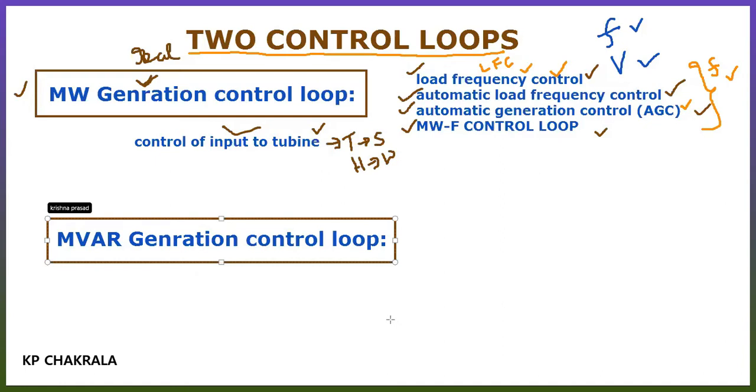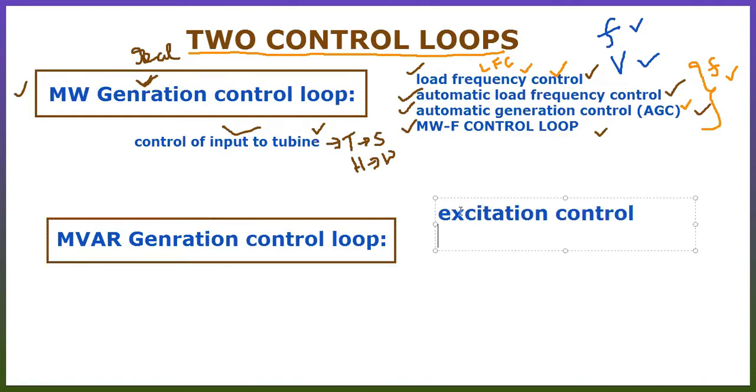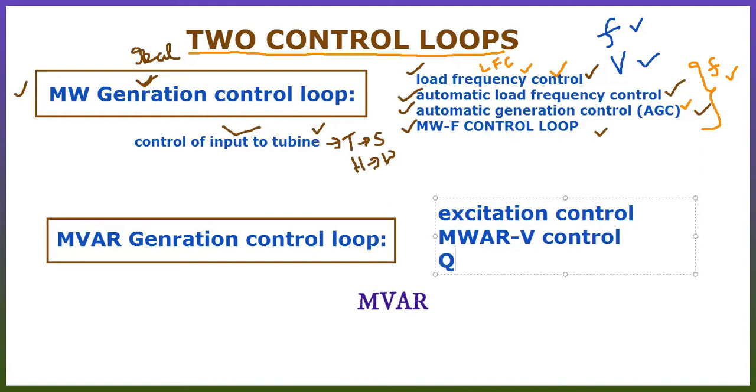It is also called the excitation control loop, the MVAR V control loop, and simply the QV control loop.